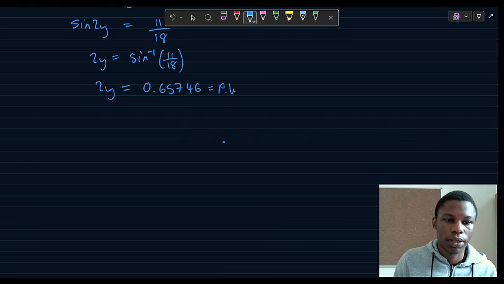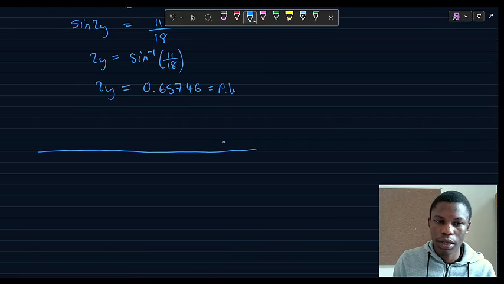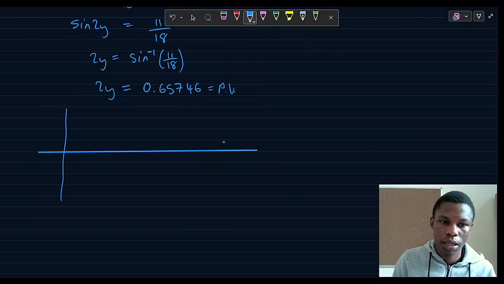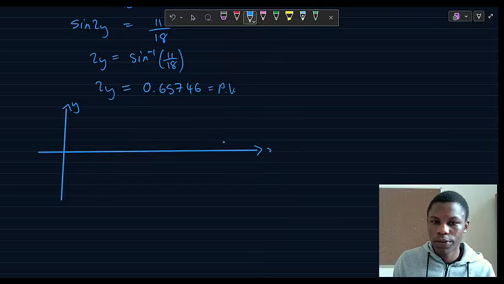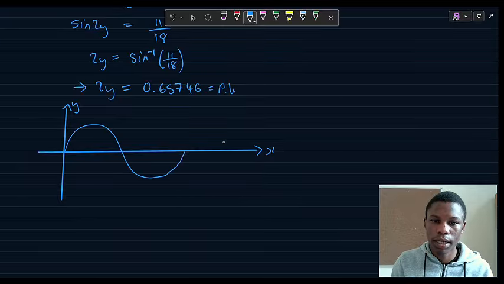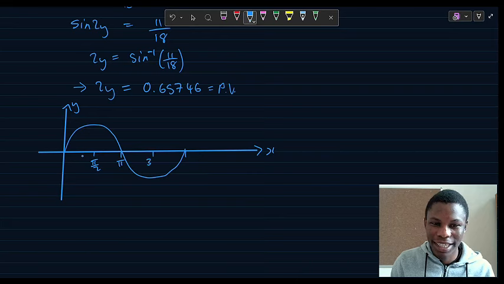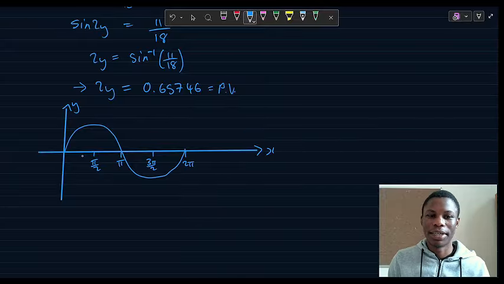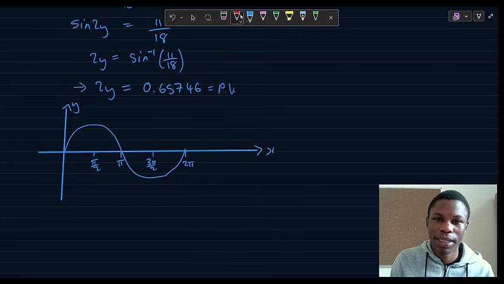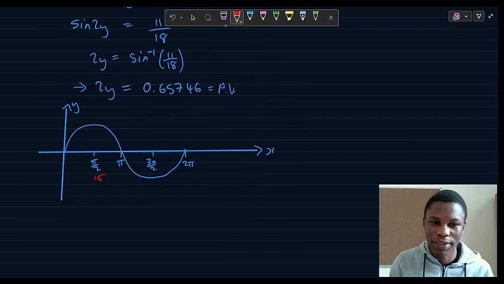I'm going to sketch out the graph of sine to see if we've got any other solutions within our interval. So if you're looking for other solutions, use the value that you get straight from the calculator. Don't simplify that just yet. So that should be pi over 2. That's pi. That's 3 pi over 2. And that's 2 pi. So pi over 2 is approximately 1.57.